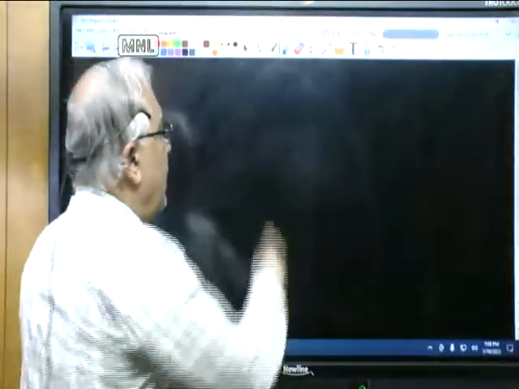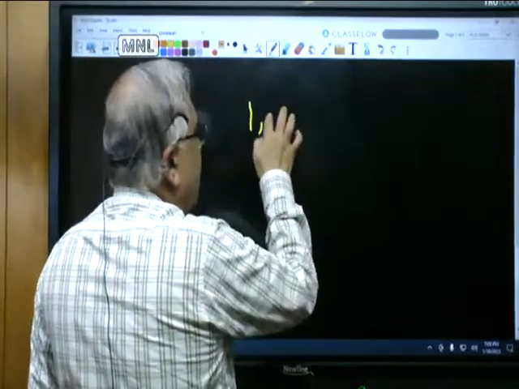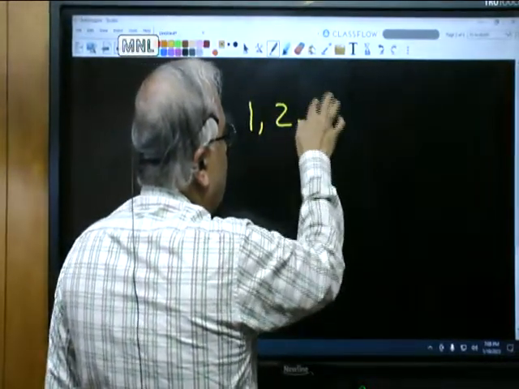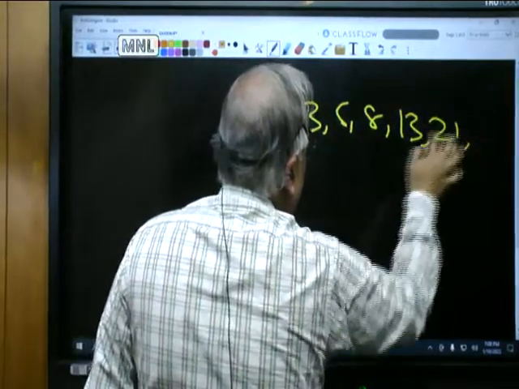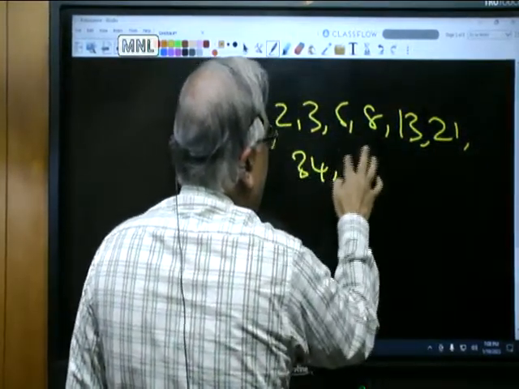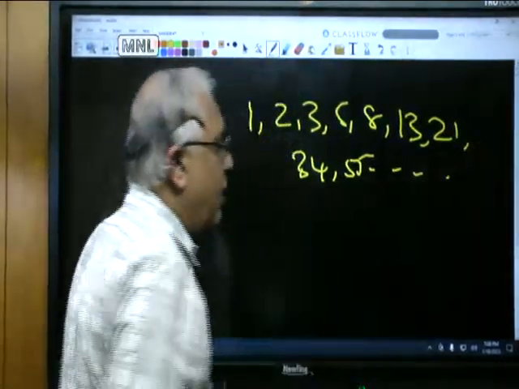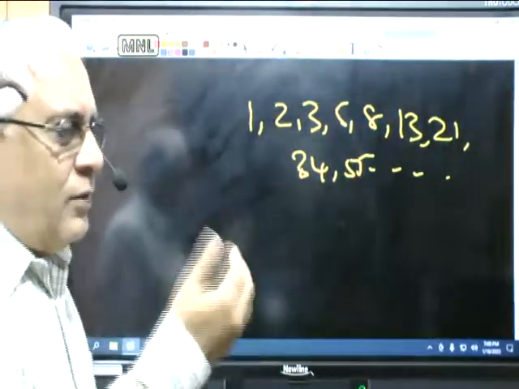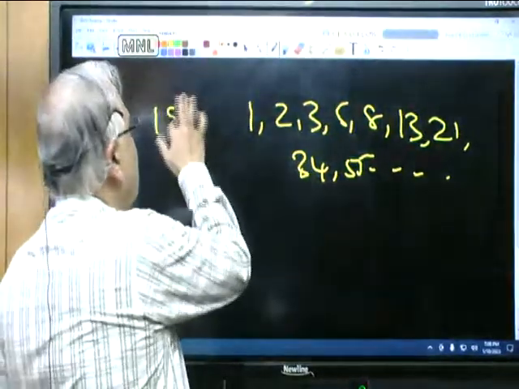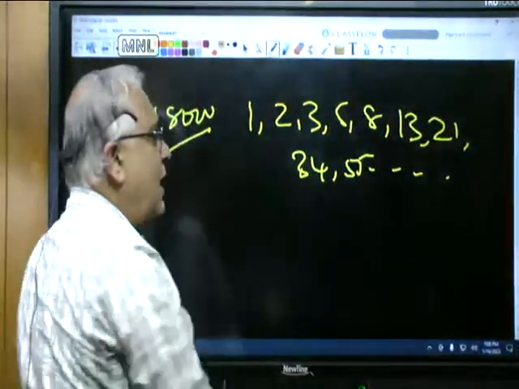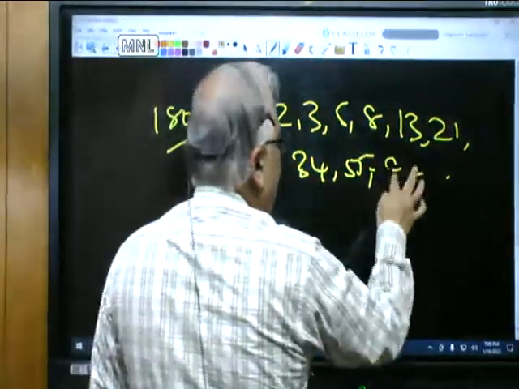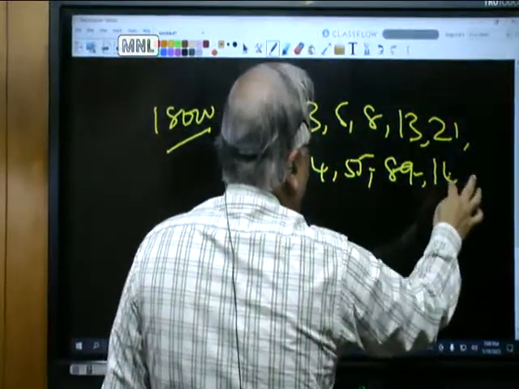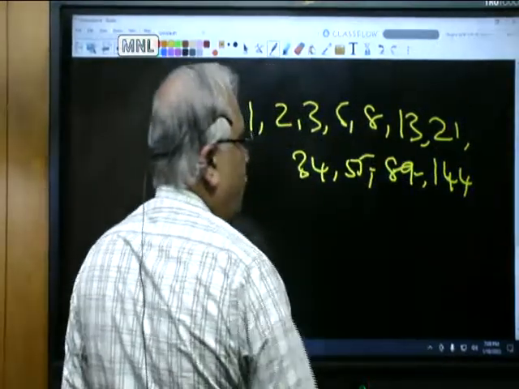We have already said that the Fibonacci numbers are 1, 2, 3, 5, 8, 13, 21, 34, 55, like that. It keeps on going. And because Nifty is trading at around the 18,000 mark, you definitely need higher Fibonacci levels. So it becomes 89, then 144. You add two consecutive numbers and you get all this.